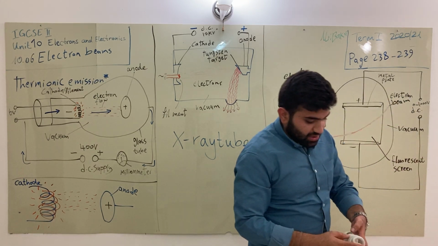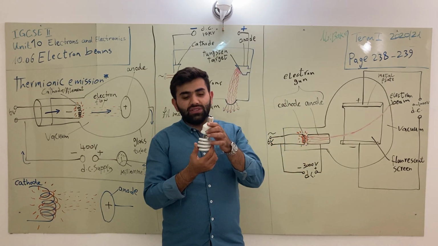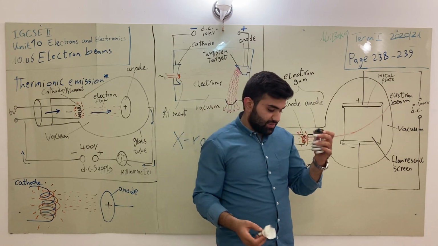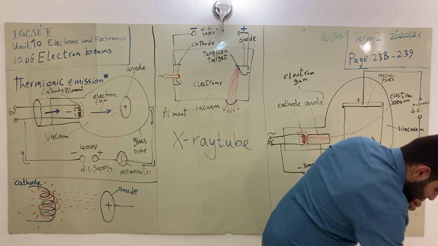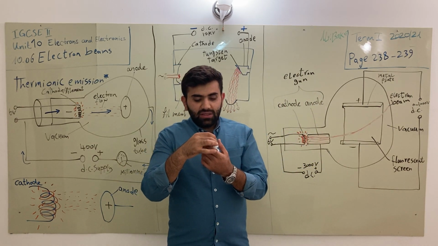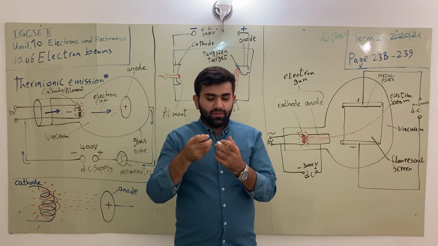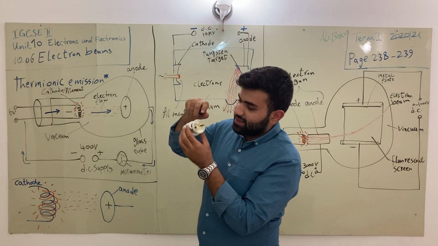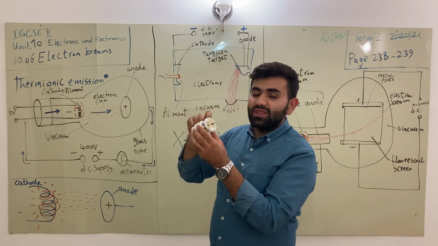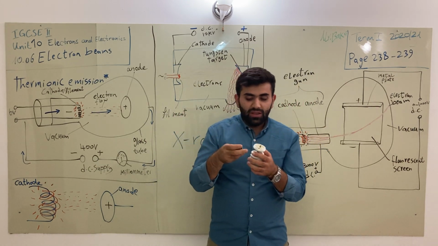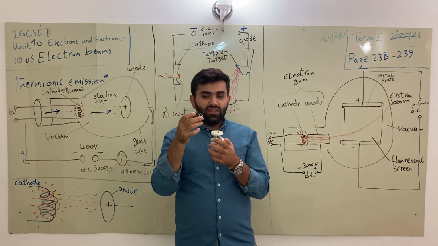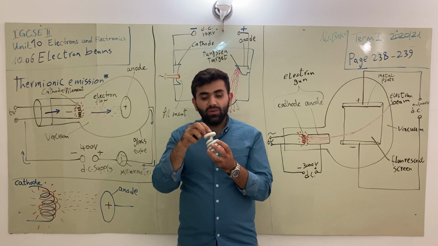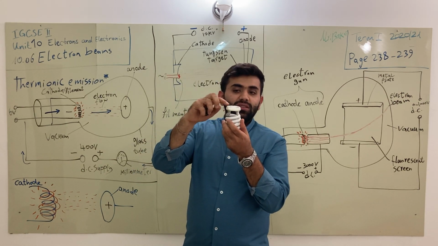Now, moving along to the low energy lamps. You can see here a low energy lamp. If we take this out, we'll find this circuit, and there is phosphor powder inside. This circuit transfers from AC to DC and gives power to this filament.